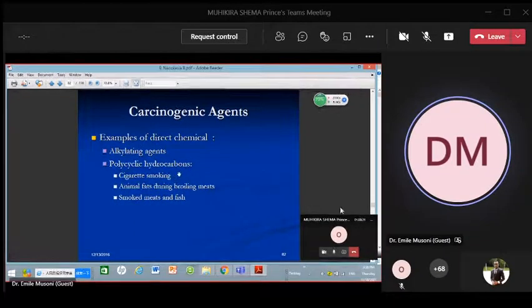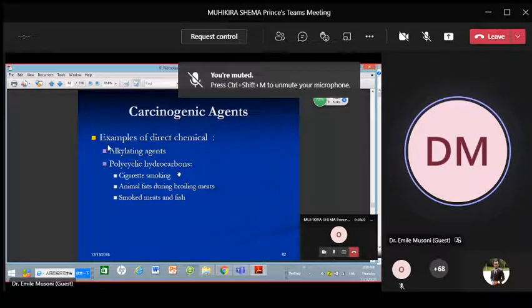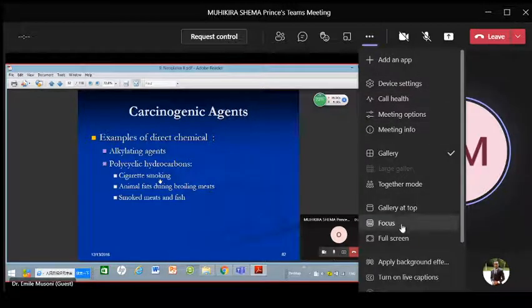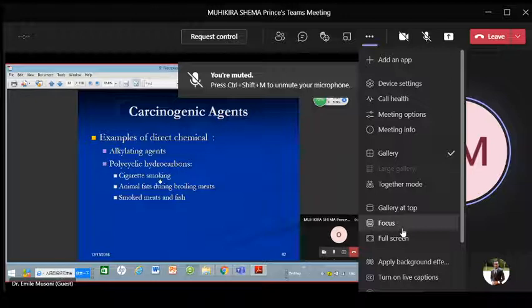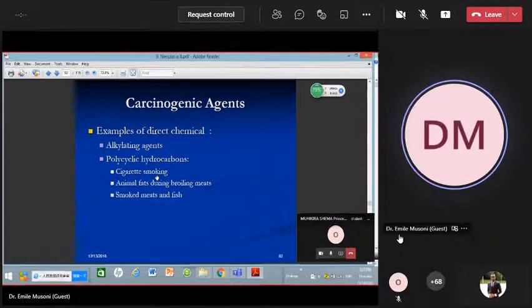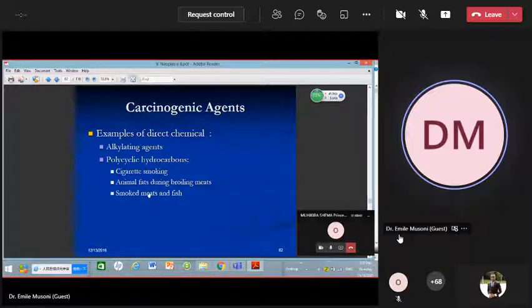Polycyclic hydrocarbons, these are found in cigarette smoking. What you must know, nicotine is not the one to cause a cancer. Nicotine will cause addiction, and will act on the ganglion cells. The ones involved in cancer from cigarette smoking are those polycyclic hydrocarbons.